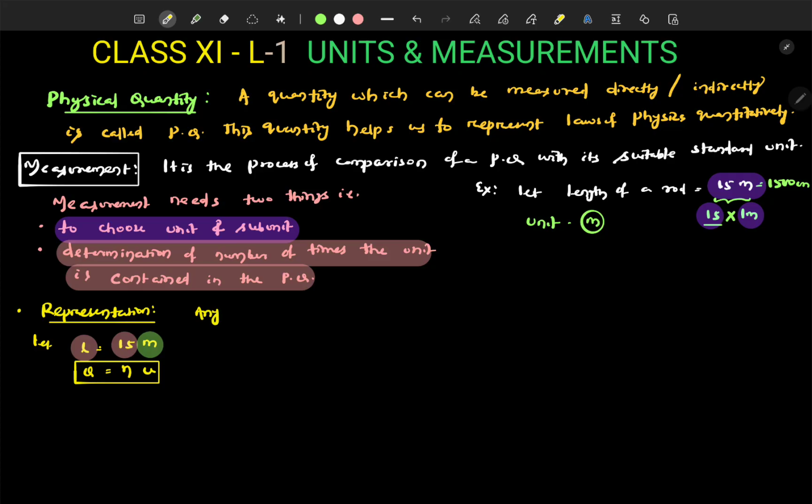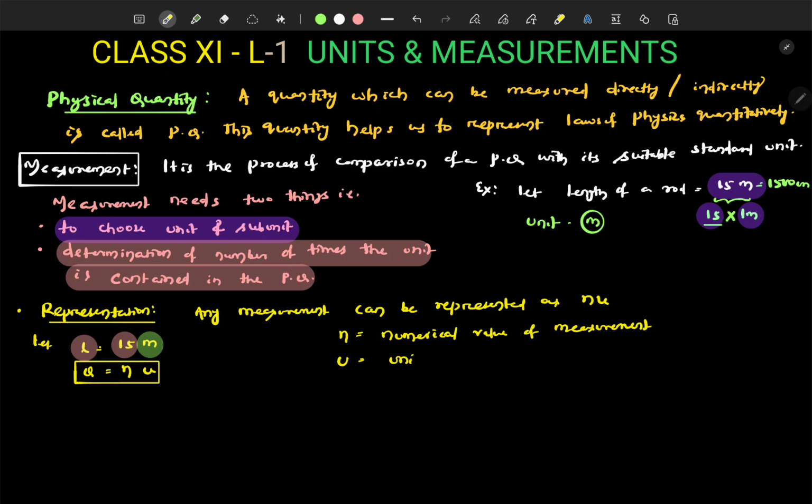So as per the concept, any measurement can be represented as N into U. What is N? N is the numerical value of measurement, and U is the unit.